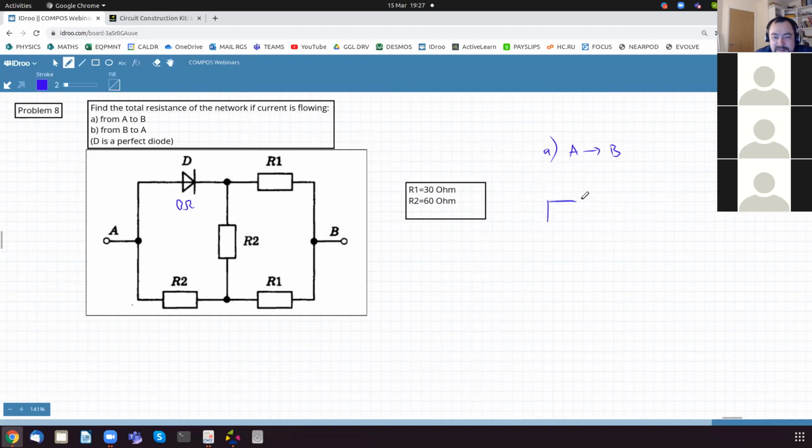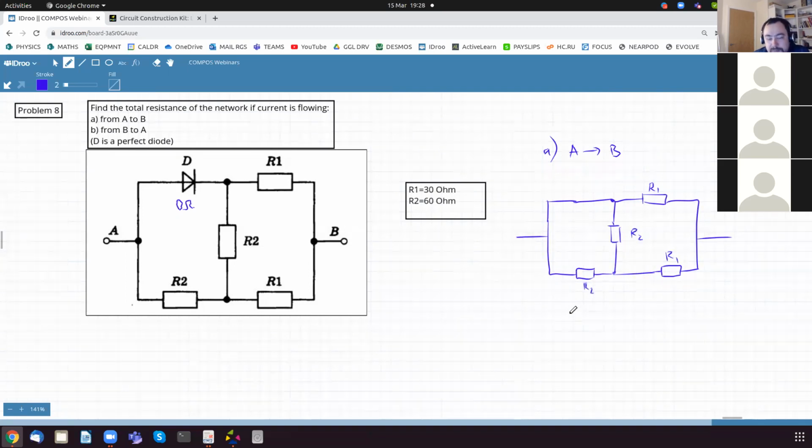So this is like this, R1, resistance, R1, like this, and R2 like this, and this. R1, R1, R2, R2.